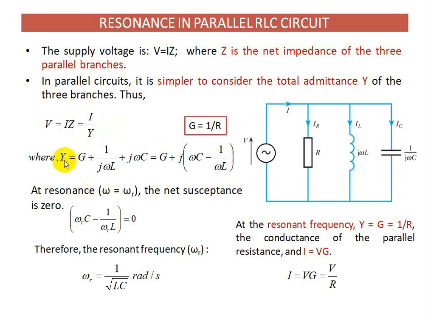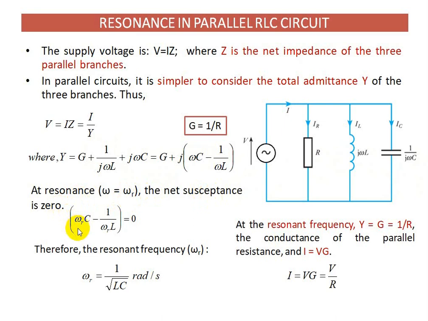Now the admittance can be written as follows: for the resistive branch it is 1 by R, which is nothing but G, plus 1 by j omega L, plus j omega C. This further can be written as G plus j times omega C minus 1 by omega L. At resonance, that is omega equal to omega R, the net susceptance is 0.